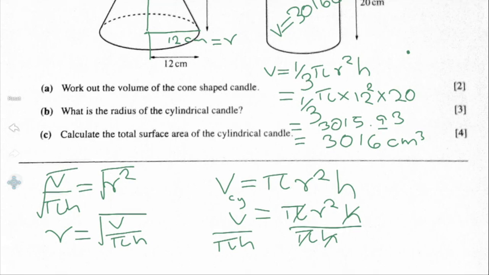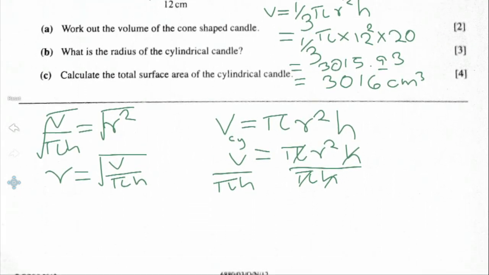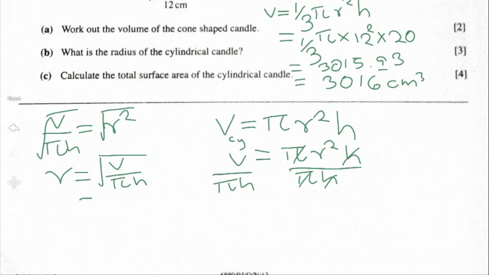Then you can work out the radius because you already know the volume. You already know the height of the cylinder. So this will be the square root of the volume, which is 3016, over pi multiplied by the height h, which is 20.